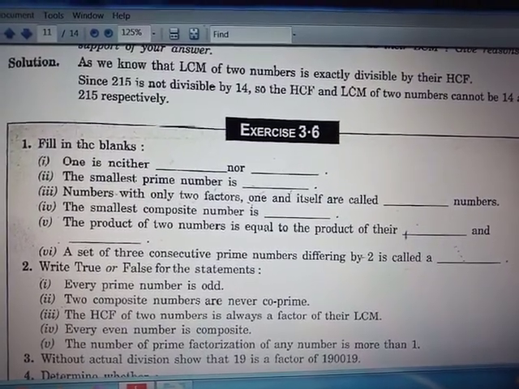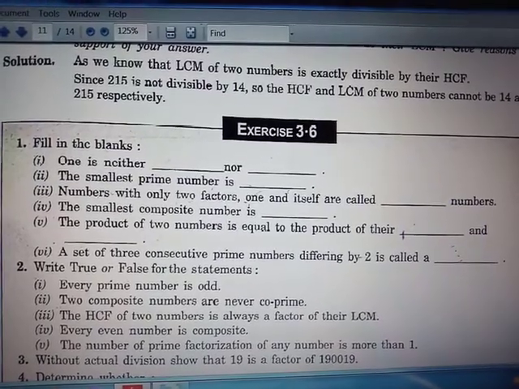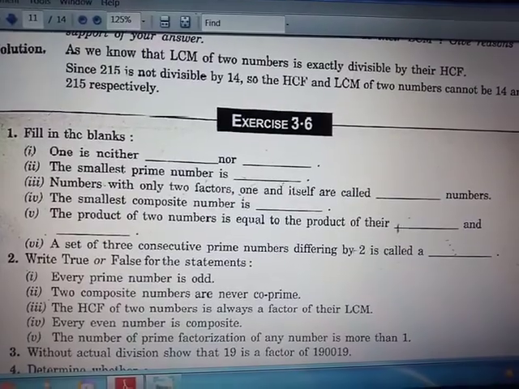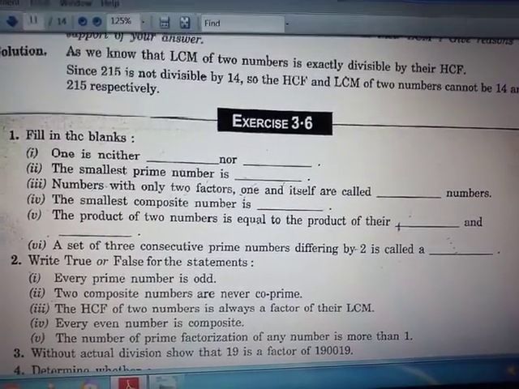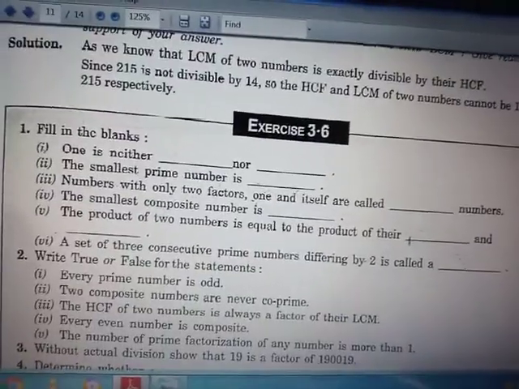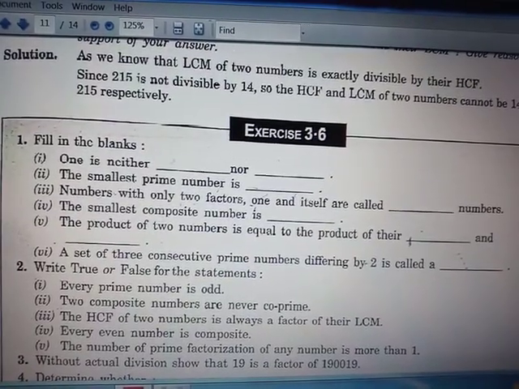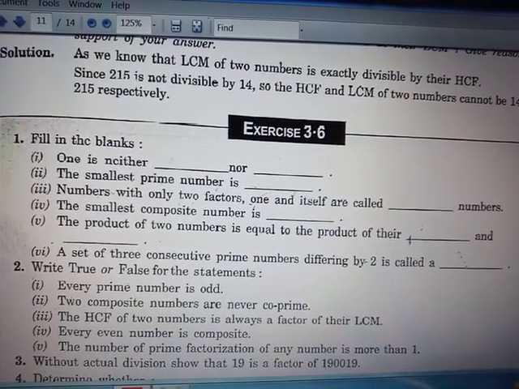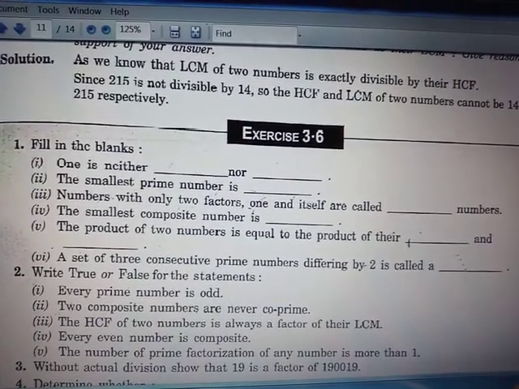Prime numbers are those numbers which have the factors 1 and the number itself. Suppose we have 7, then 1 and 7 are the factors of 7. So 1 has only one factor, which means it is not prime. 1 is neither a prime nor a composite number.